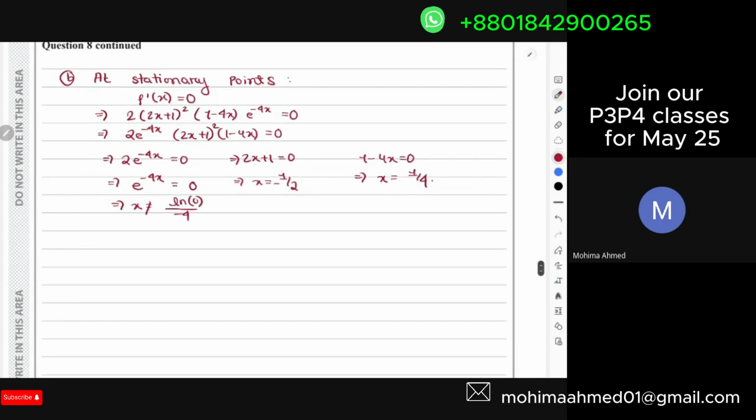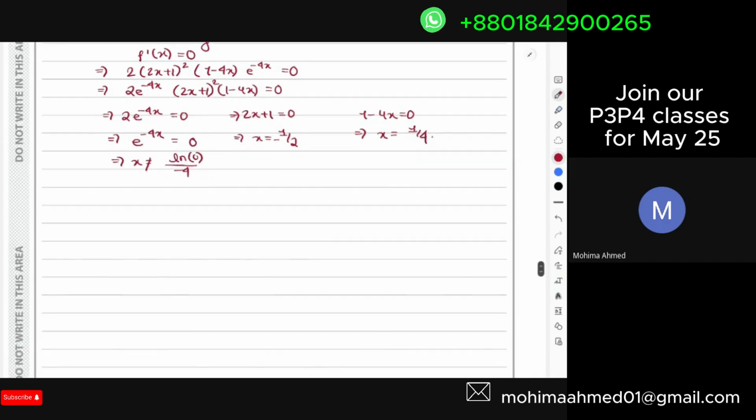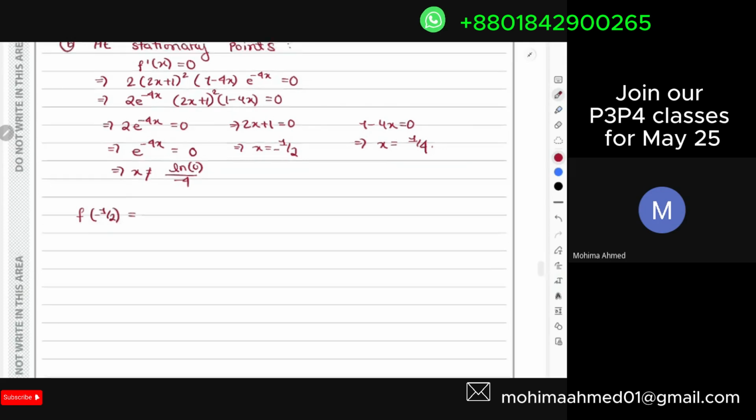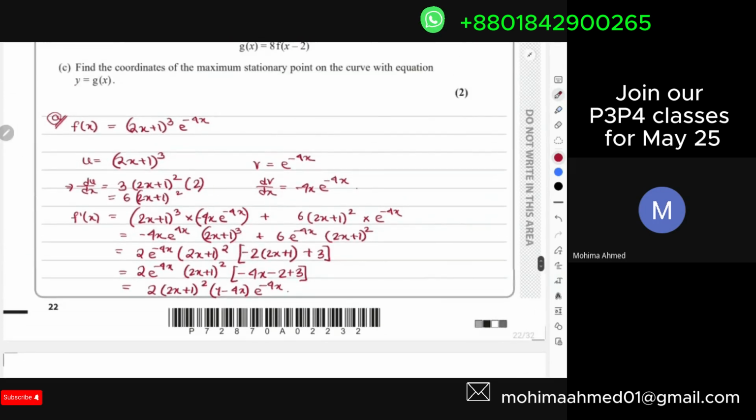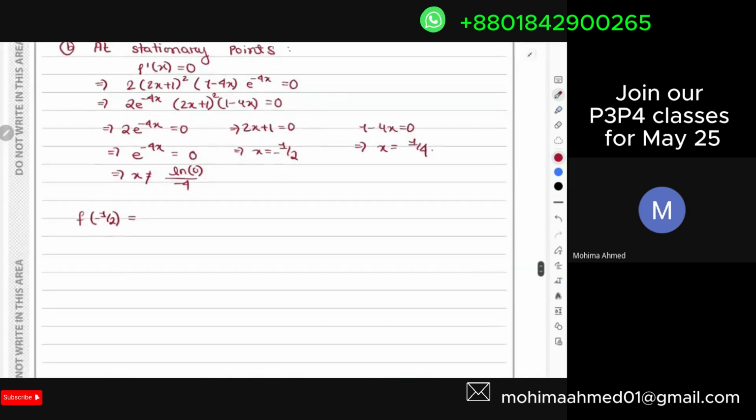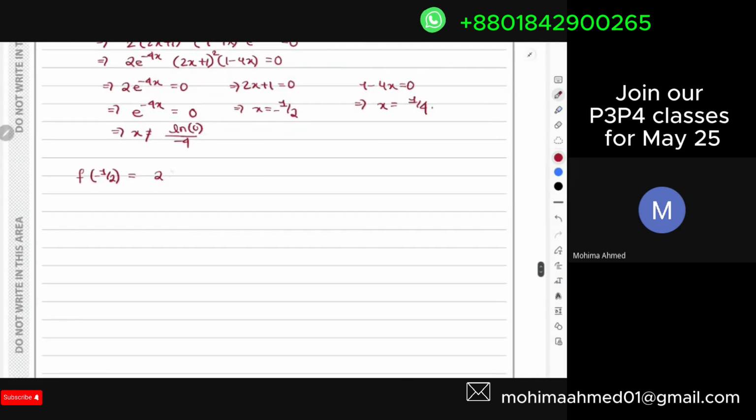So you have to obviously insert this into f of x to find out the corresponding y coordinates. So for f negative half, the equation was what? (2x plus 1) power 3 e power minus 4x. So we get (2 times negative half plus 1) power 3 e power minus 4 times negative half.